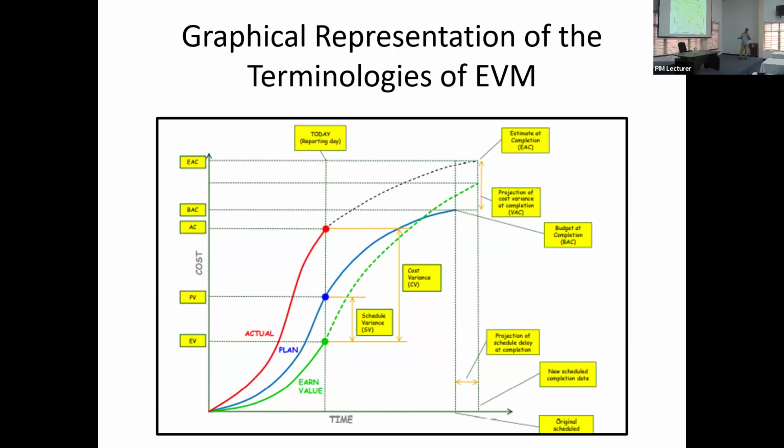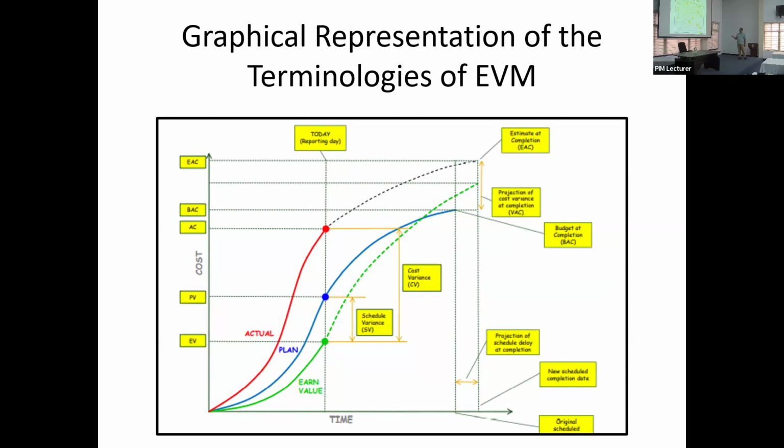Then you plot the actual cost. It tells you we are at a given time here. Your earned value tells you at a given time here. You use that for prediction. Earned value tells you you will finish here. The contractor's value says you will finish here. And the actual value says you will finish here. So this is the dilemma.